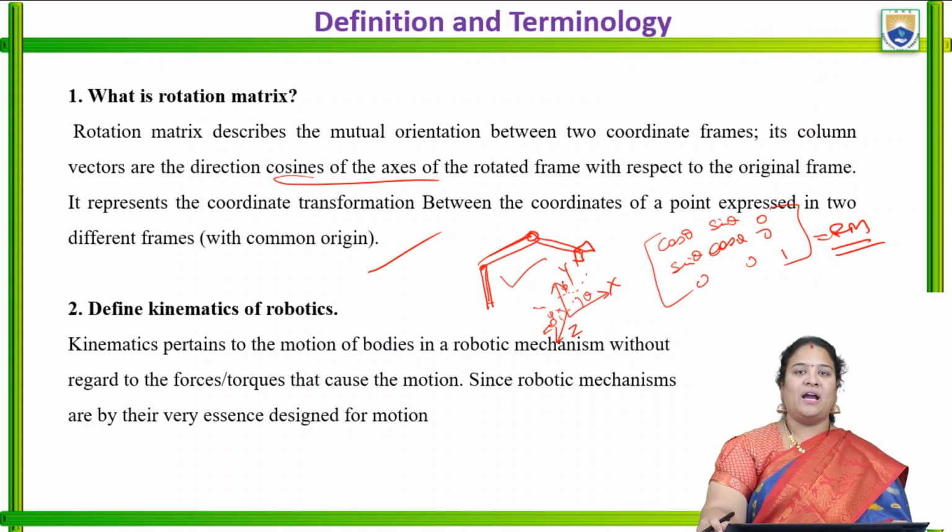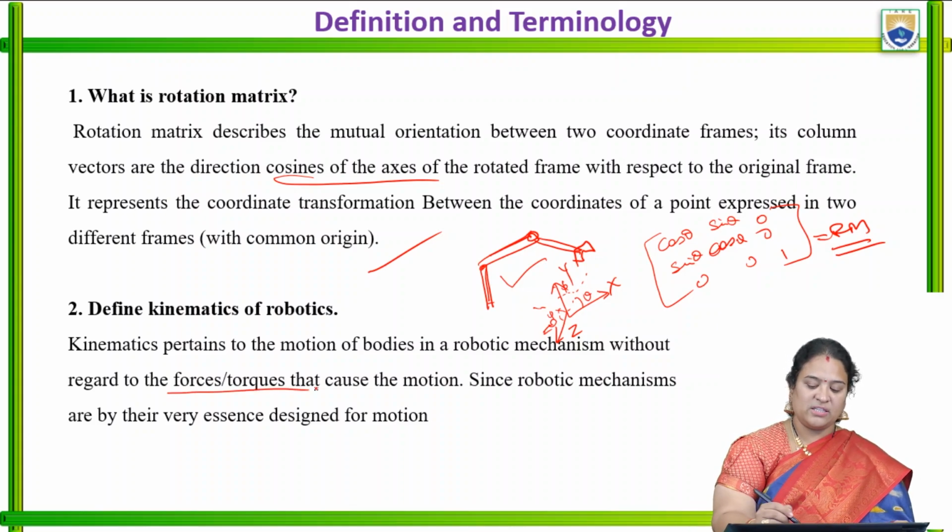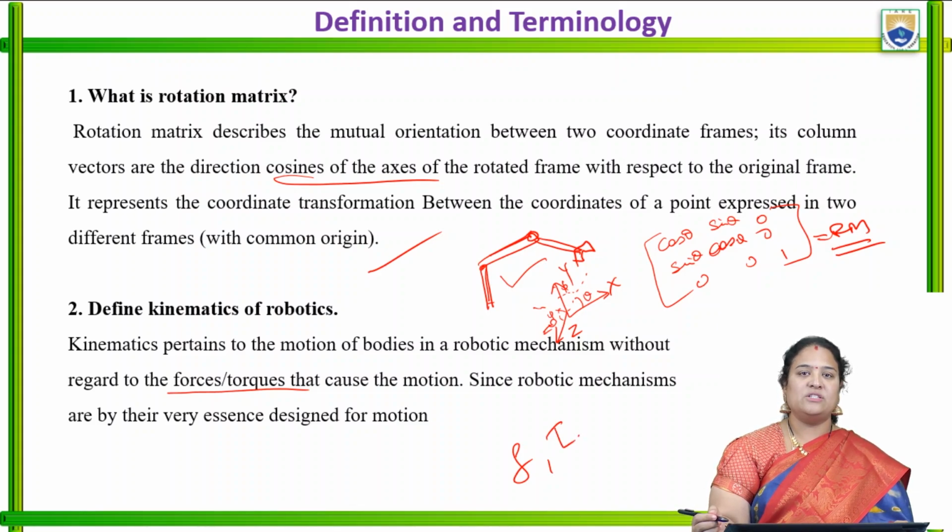Moving on to the next one, define kinematics of a robot. What do we mean by kinematics of a robot? Kinematics is used to determine the motion of the robot. The kinematics is used to determine the motion of the body in a robotic mechanism without regard to the forces or the torque causing the motion.